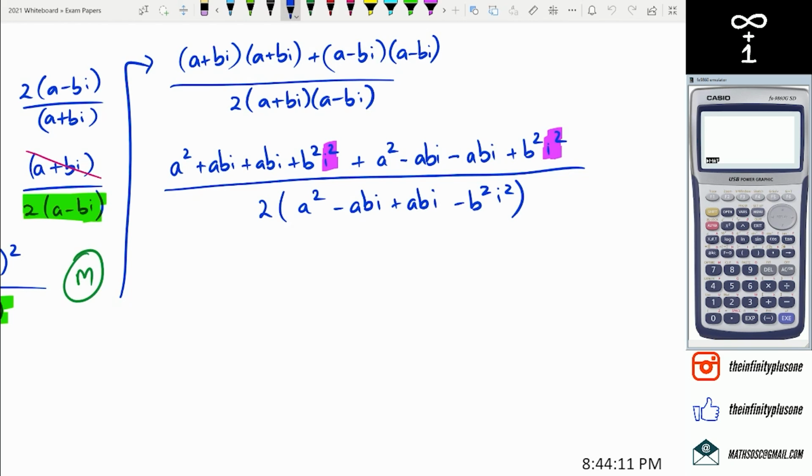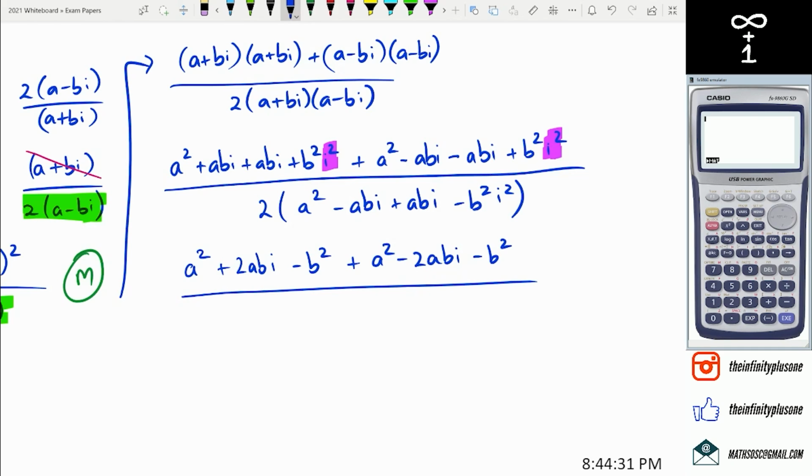Putting it together, I've got a squared plus 2abi minus b squared, because i squared is -1, plus a squared minus 2abi, and then we've got minus b squared again, and the whole thing is divided by 2 a squared and then i squared.